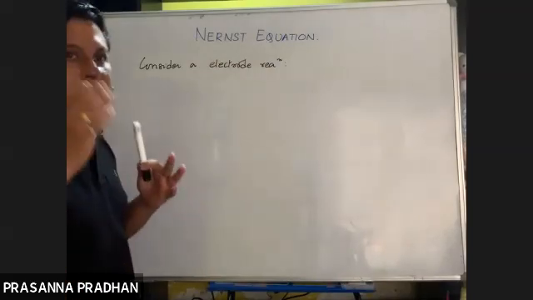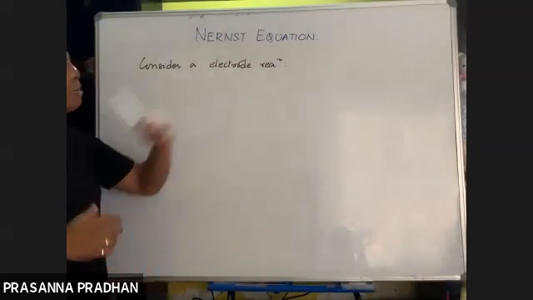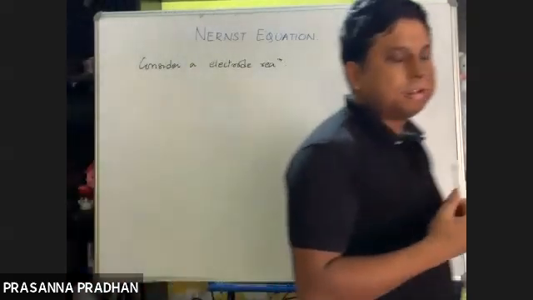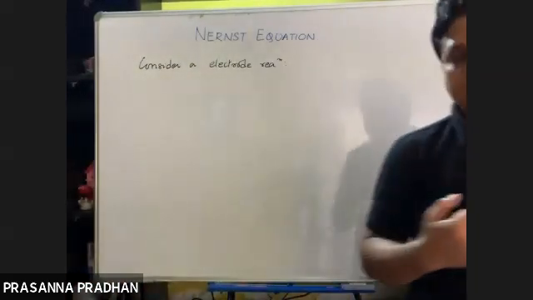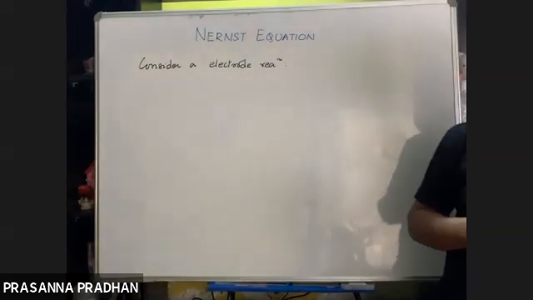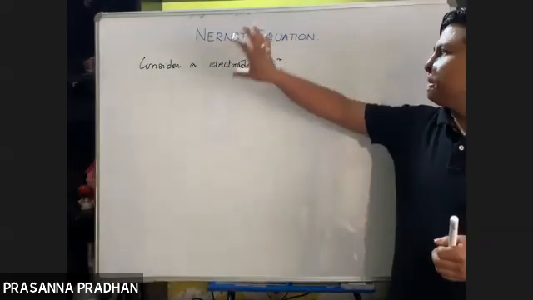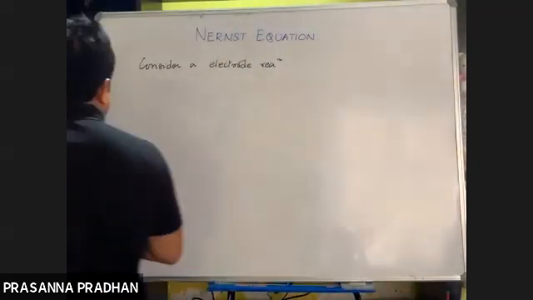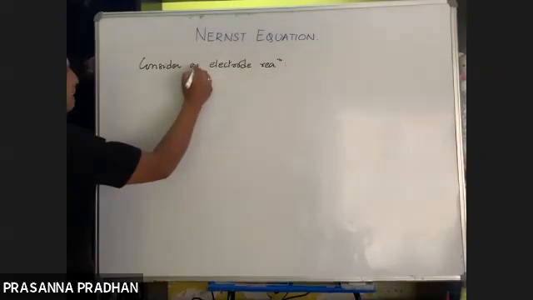Rather, we are just considering an electrode reaction, the reaction which takes place at a particular electrode, either at the cathode or at the anode. Since we are dealing with the reduction potential, I'll consider the electrode reaction which occurs at the cathode.